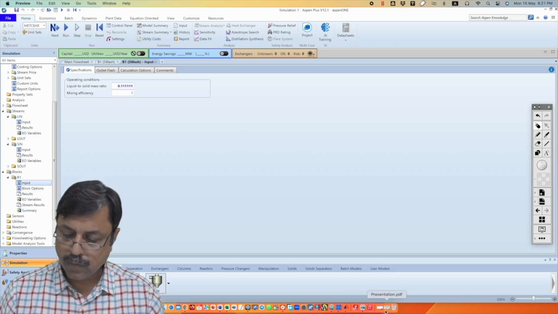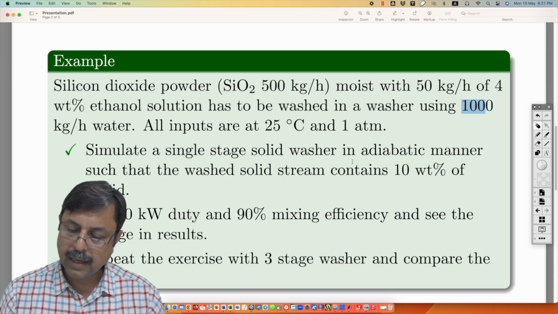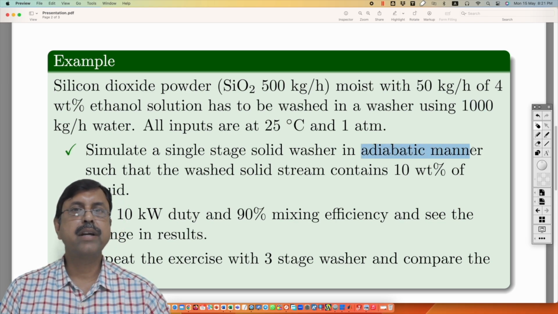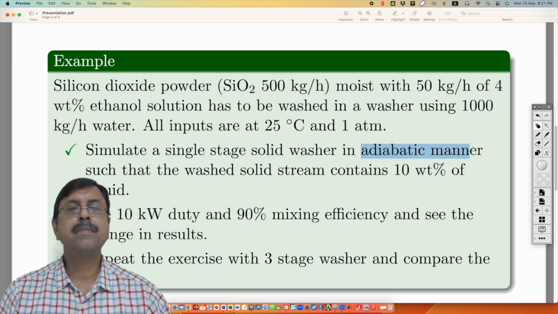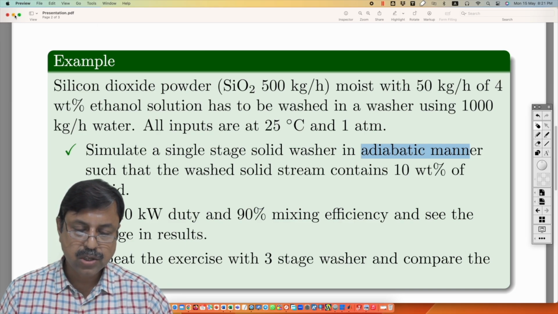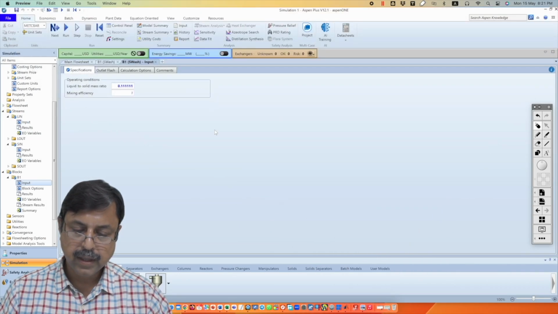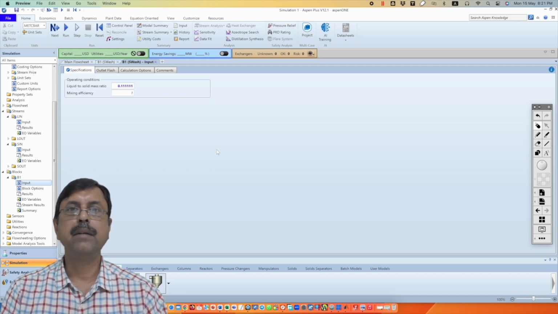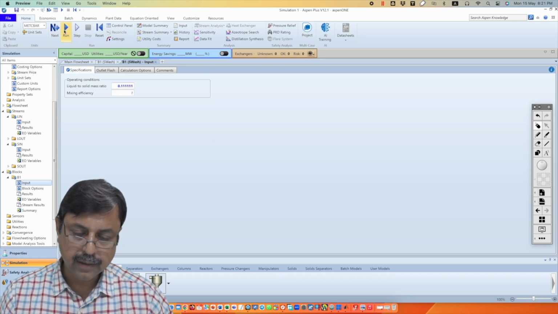And we run the system in adiabatic manner, so we do not give any extra information. We let it run by its own, and it will calculate the flash conditions by itself. In other words, the problem is defined properly. Now it is ready to run, so let us run.